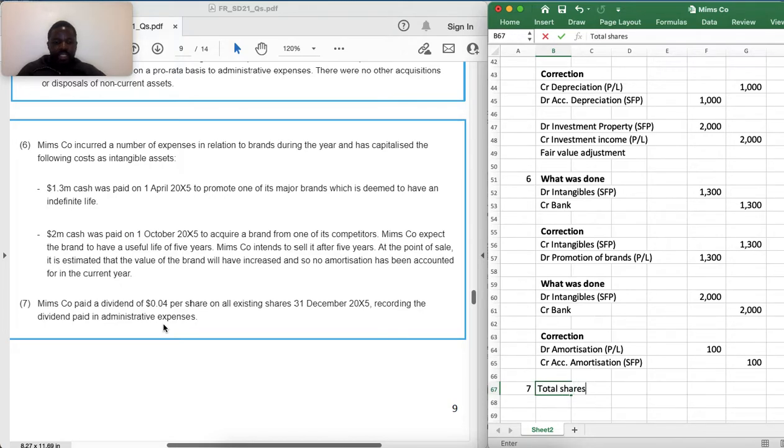Initially the shares were 60,000 and the company issued a rights issue of 15,000, so the total shares were 75,000 at this point. Then the dividend per share was 0.04.